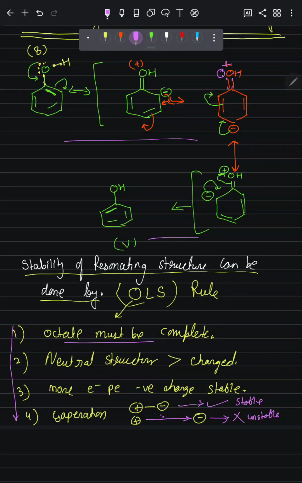And the second step is that a neutral structure will be more stabilized as compared to a charged structure. So these are the neutral structures. First, this is second, this is third, this is fourth, and this is fifth. As you can see, the first and fifth structures are neutral.